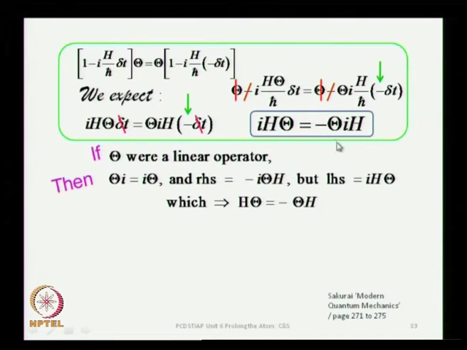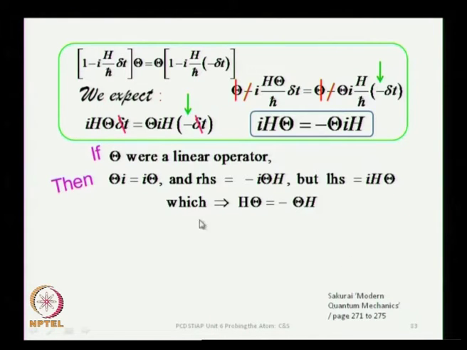And then the right hand side would be minus i theta H, left hand side is plus i H theta, and this would give you H theta equal to minus theta H. Now, this result would be appropriate if and only if theta was a linear operator. We could accept it if this would give us consistent results, but does it?